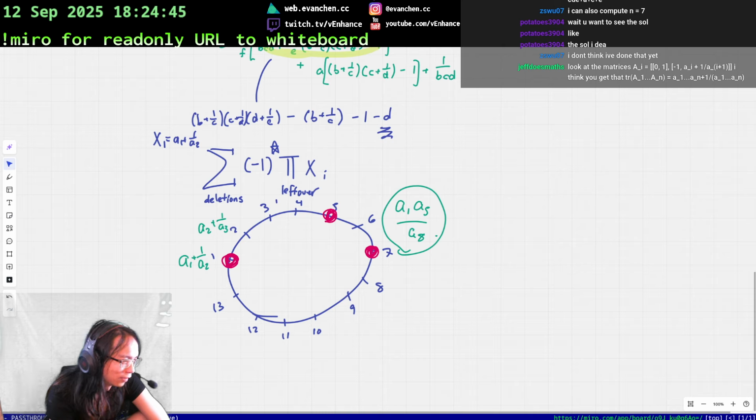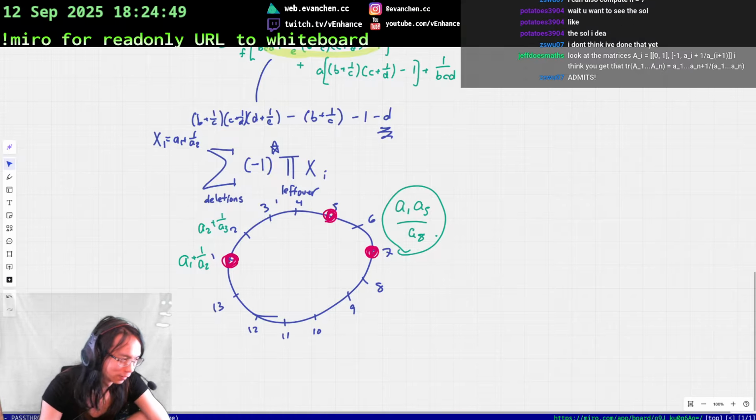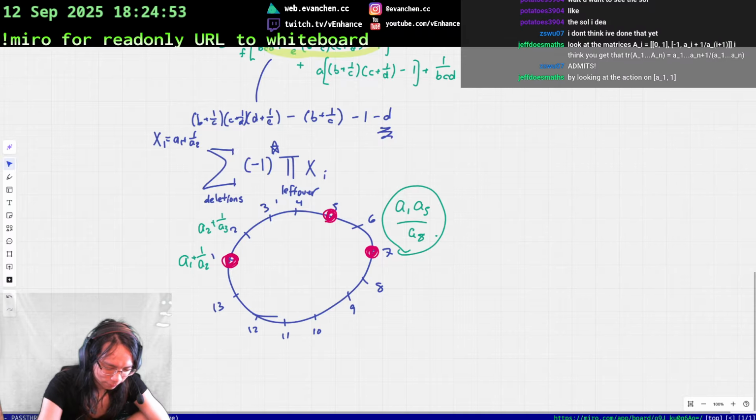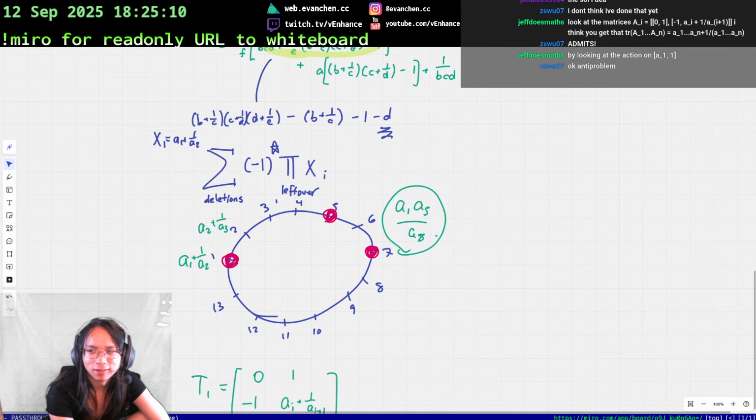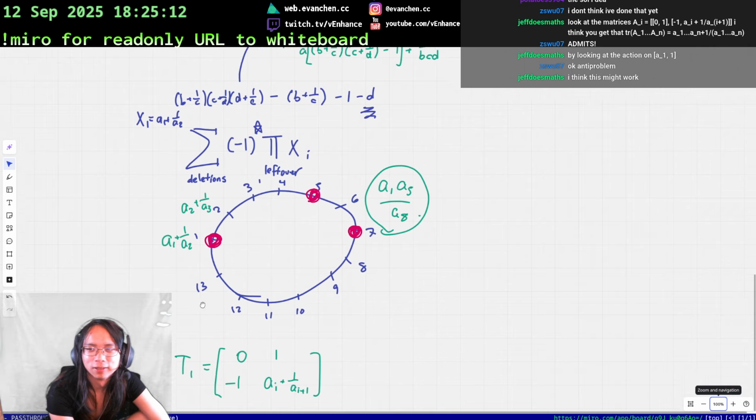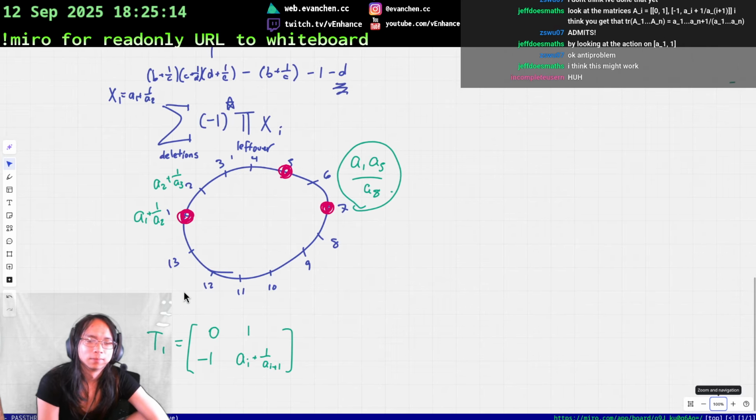Look at the matrices 0, 1. Oh my god. There's more black magic. Alright, what's going on here? You wanna build this matrix? I don't think it's an anti-problem. I think it's just hard.